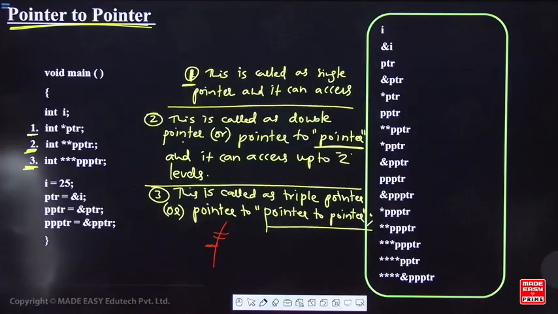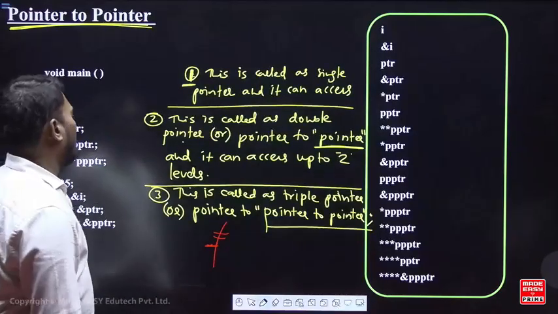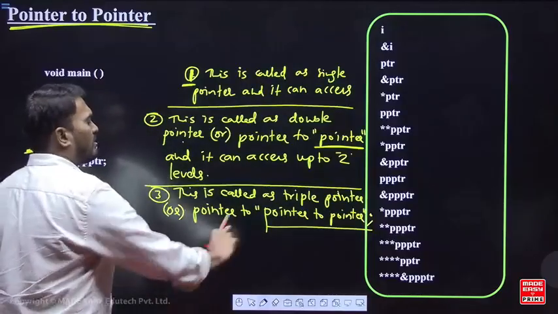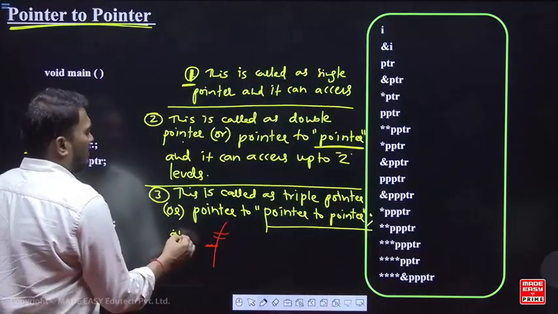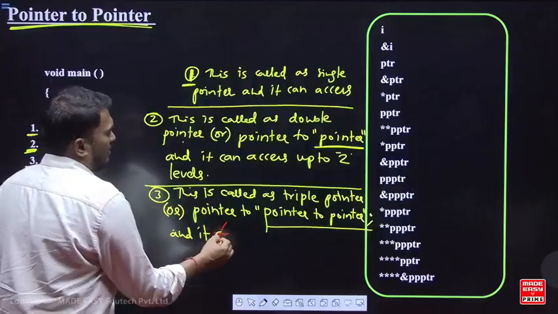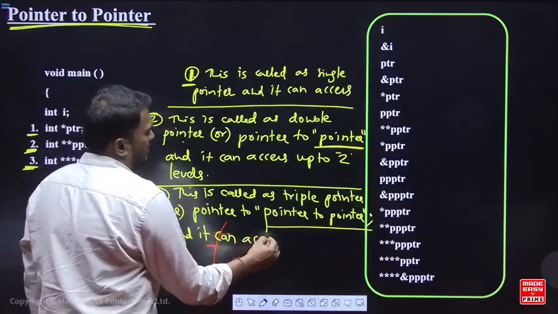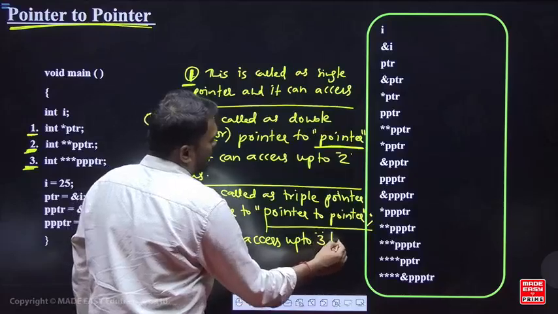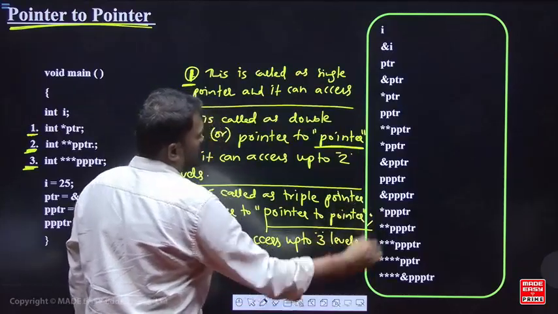This is called as a triple pointer or pointer to pointer, and same thing, it can access up to 3 levels.